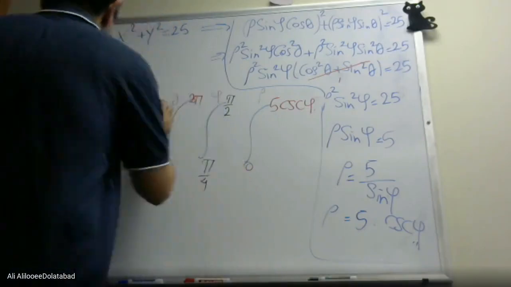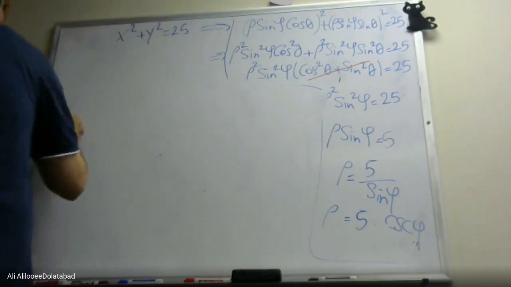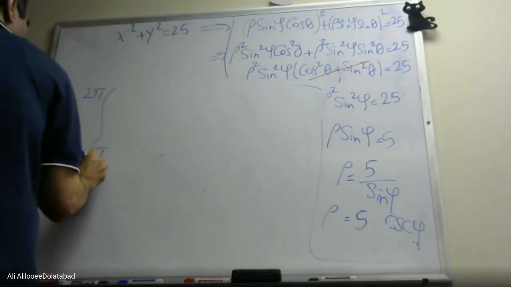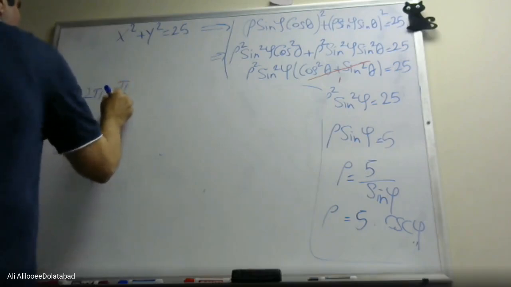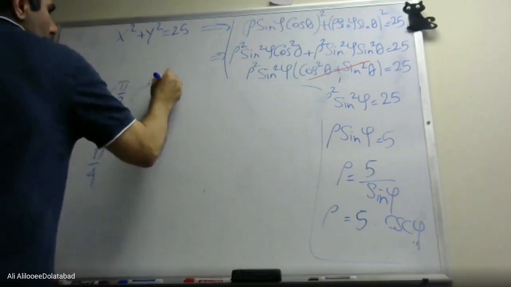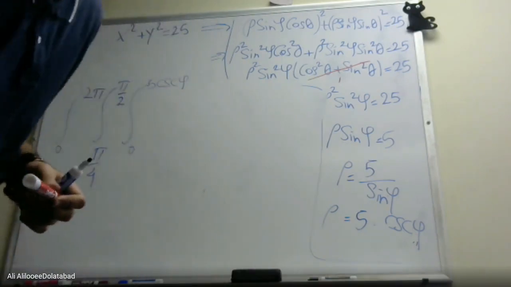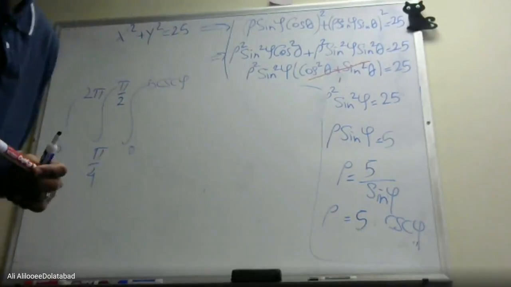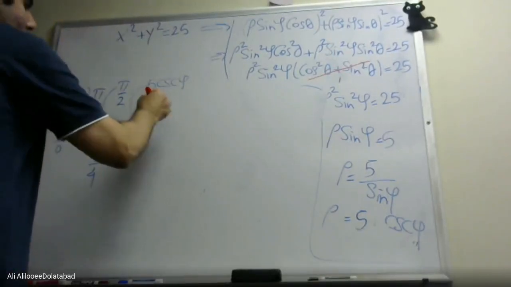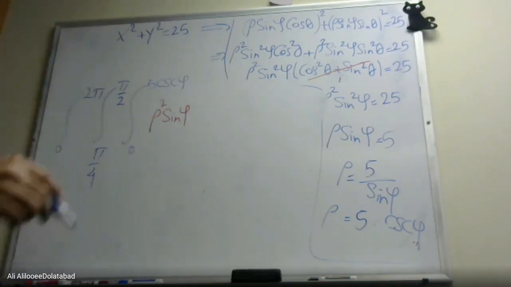So this is the integral that we got: theta from 0 to pi over 4, phi from pi over 2 to 0, rho from 0 to 5 cosecant phi. We need the Jacobian here. As I explained yesterday, the Jacobian for spherical coordinates is rho squared sine phi.